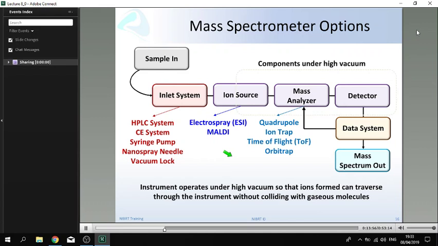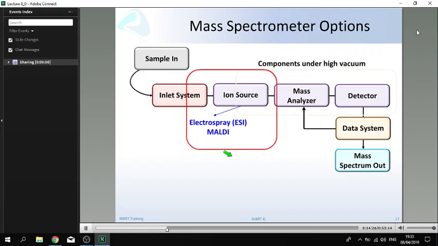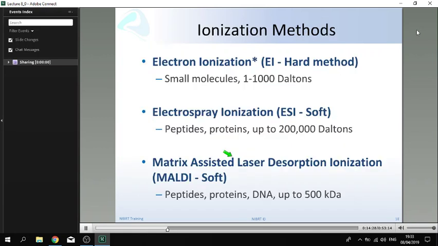If we did not have vacuum in there, if we had air in there, the ions that we generated would bump into the molecules of gas present, and they would collide, and their trajectories would be changed, which means that maybe we wouldn't be able to detect them. So we want these components to be under high vacuum, so there is no air and no gaseous molecules present, and only our ionized samples are traveling through the mass analyzer.